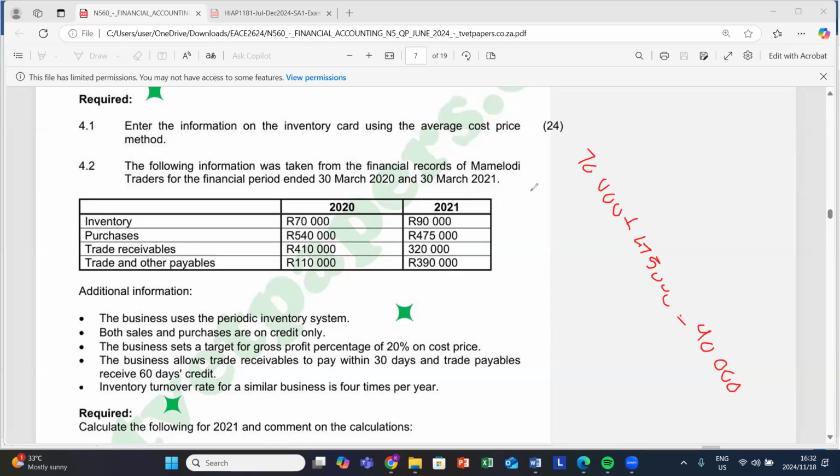So we get an amount of 455,000 rand. So 455,000 rand will be our cost of sales.